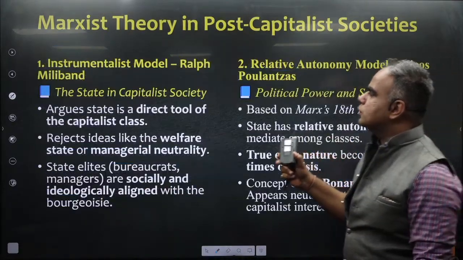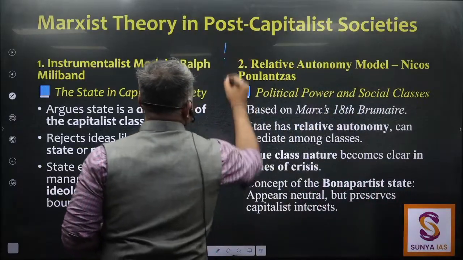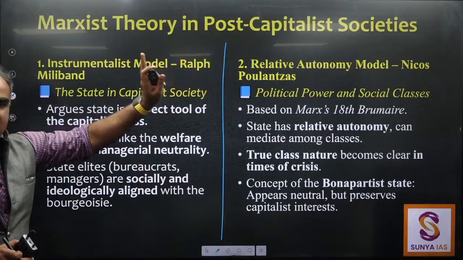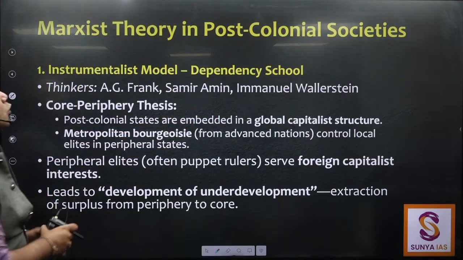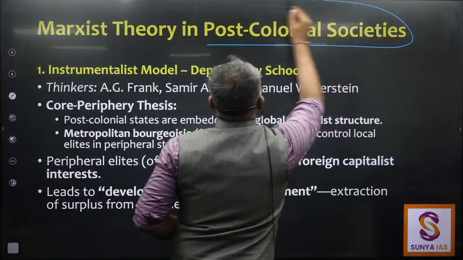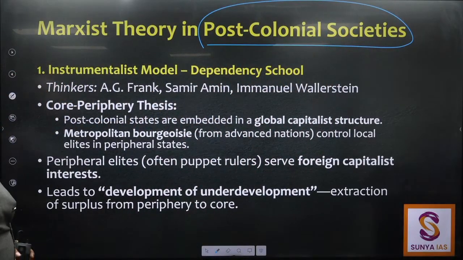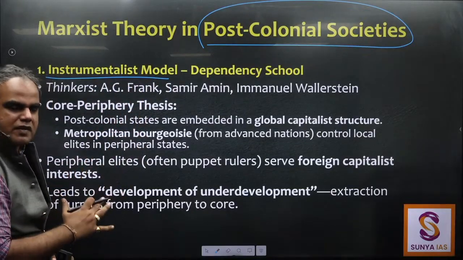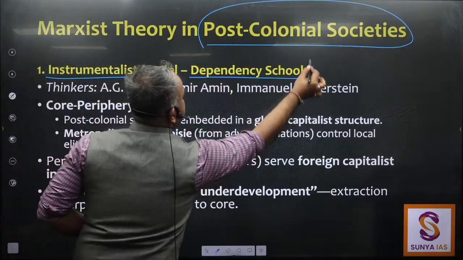Now let's go on. This is what we have seen so far: you have the instrumentalist model and the relative autonomy model in post-capitalist societies. Now if I go to post-colonial societies, here also you have an instrumentalist model, which I refer to as development of underdevelopment. This is by the dependency school.